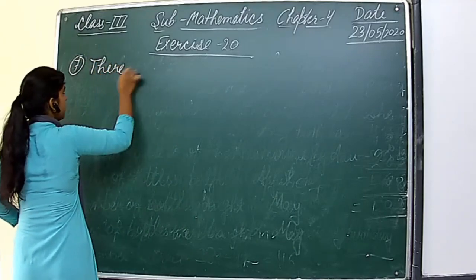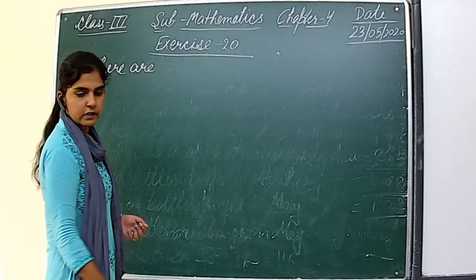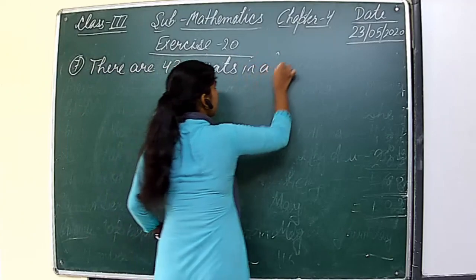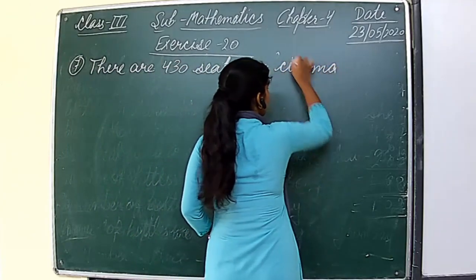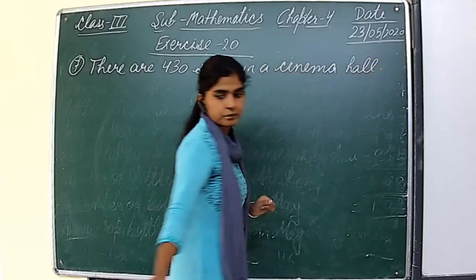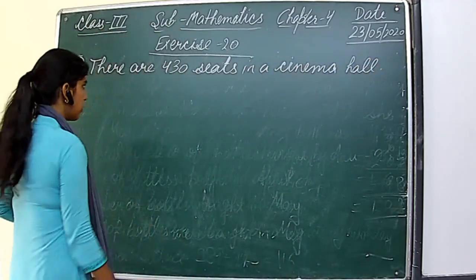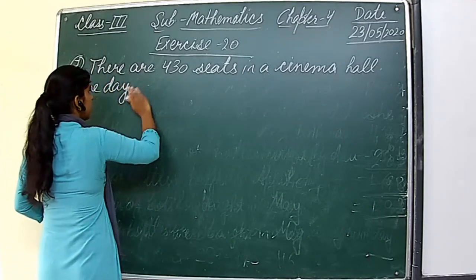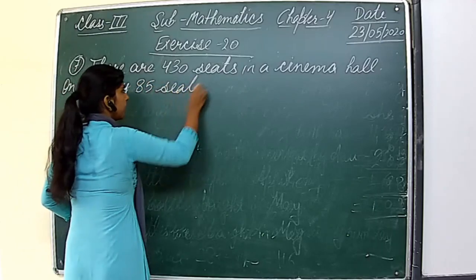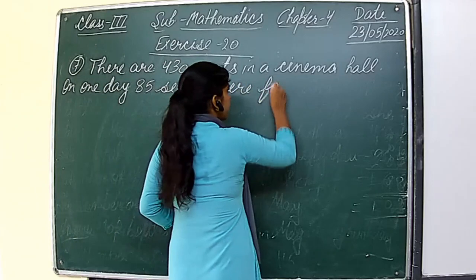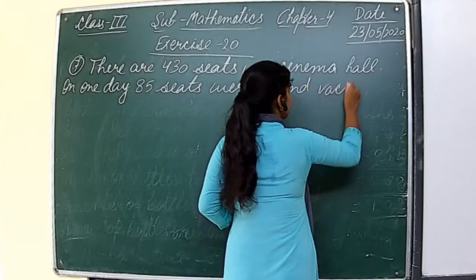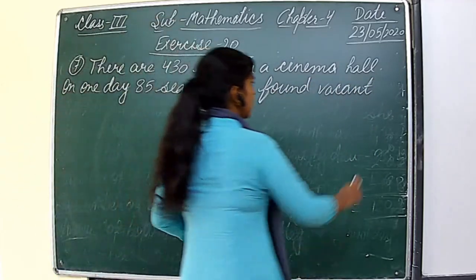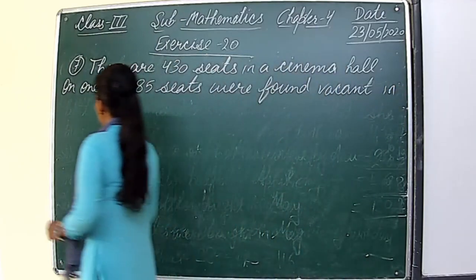There are 430 seats in a cinema hall. On one day 85 seats were found vacant in a show.